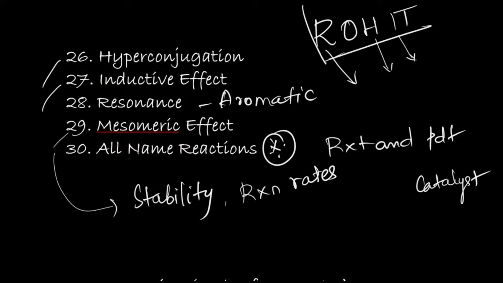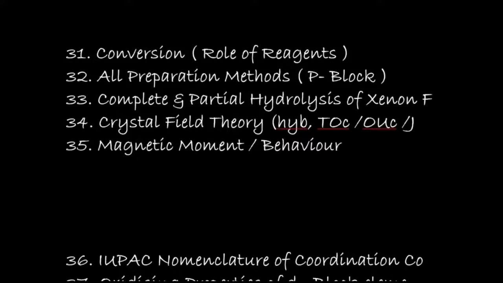Okay. Then moving on to the next topic, conversions. As I told you, the role of the reagents in case of Sandmeyer reaction and Gattermann reaction, and also there is a reaction called the carbylamine reaction. What is that? And the mustard oil reaction.